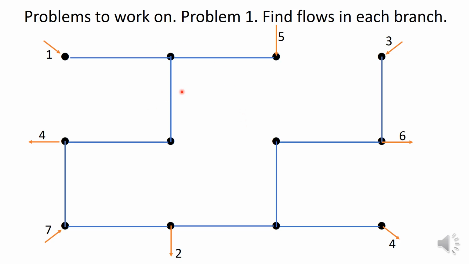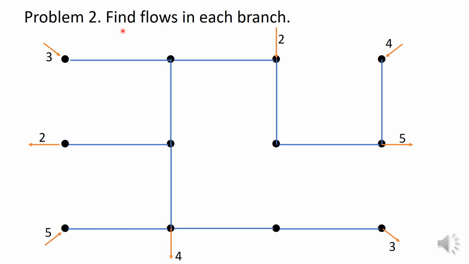And you just need to select the order of nodes that you're working on and keep going step by step, and you can find the flows in all of the branches. So the problem here is to find the flows in each branch, and you can use the methods we've previously demonstrated.